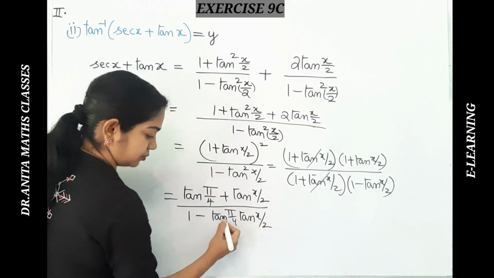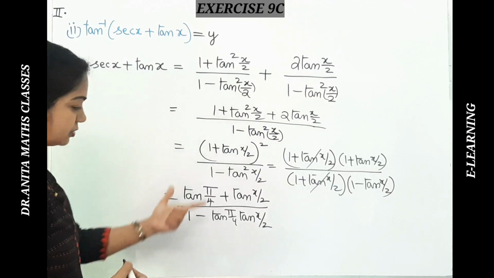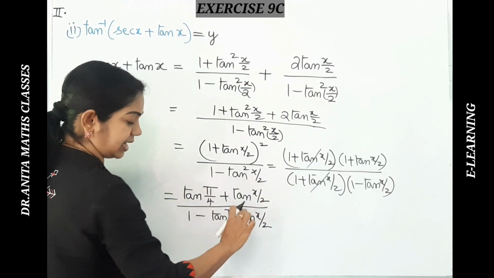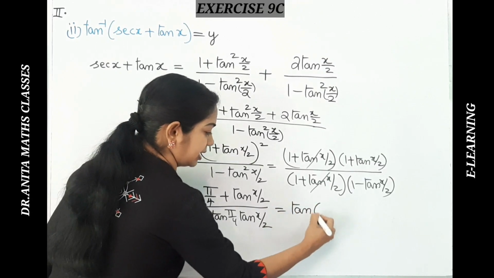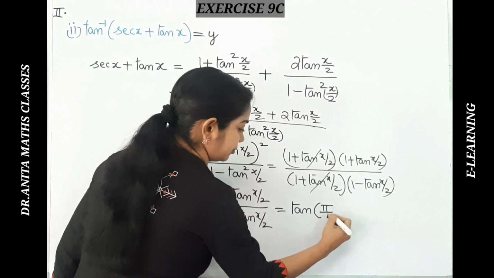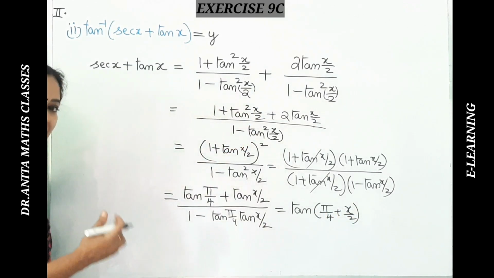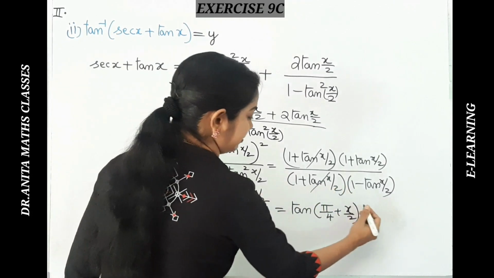So this is in the form of tan A plus tan B by 1 minus tan A tan B, which comes to tan of A plus B, where A is pi by 4 and B is x by 2. Just using the trigonometric ratios formula.